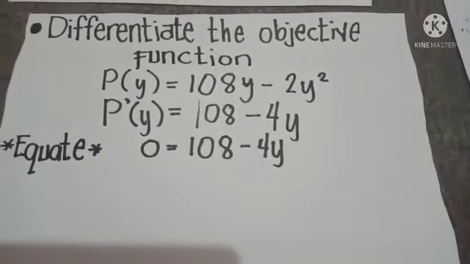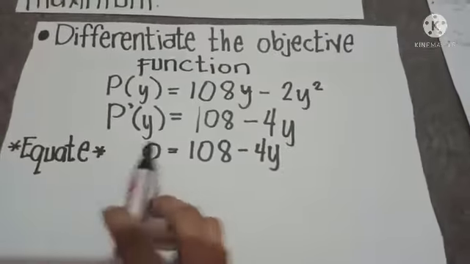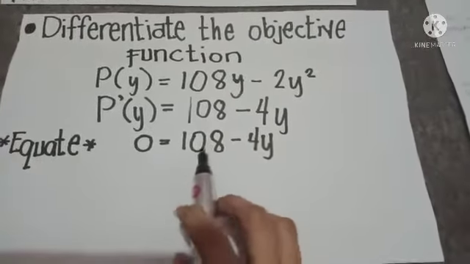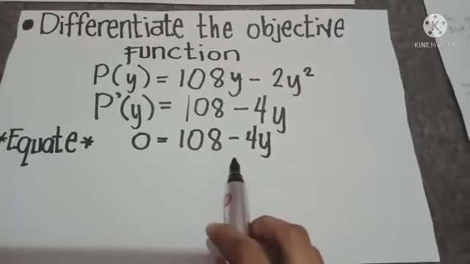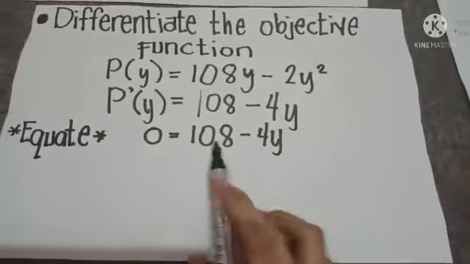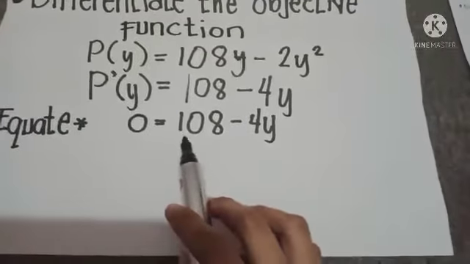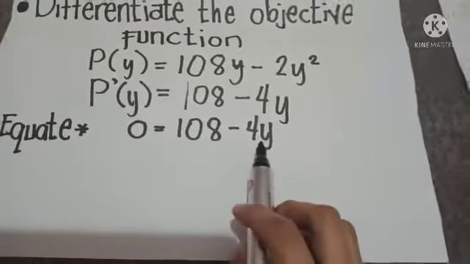Then we need to equate the derivative to 0 in order to find the critical number. So therefore, 0 equals 108 minus 4y.